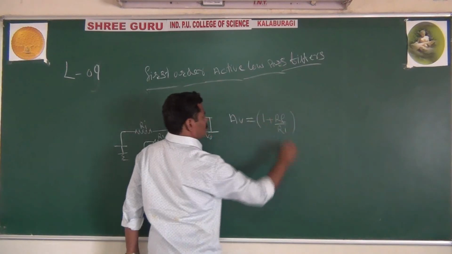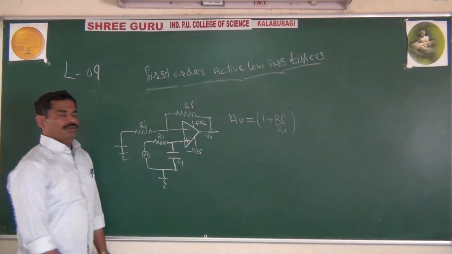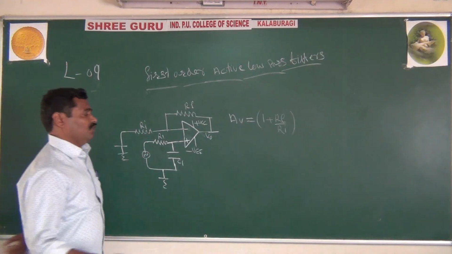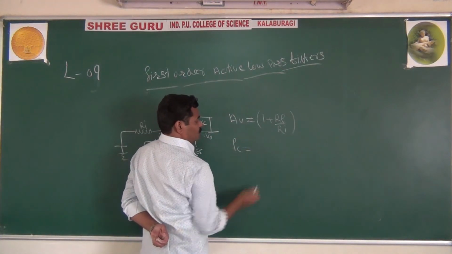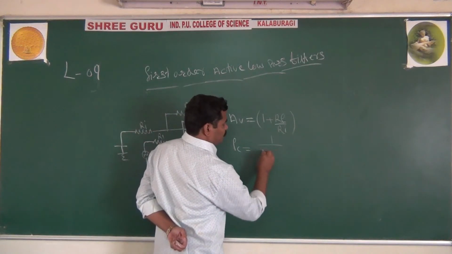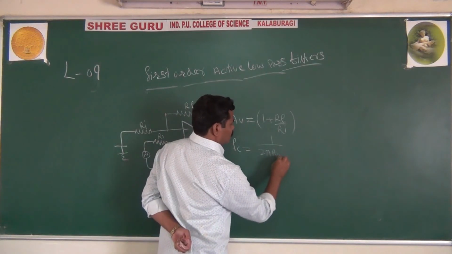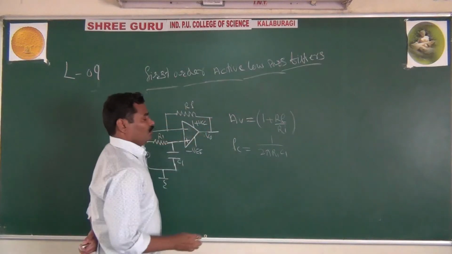The voltage gain for the non-inverting amplifier is 1 plus RF by RI, and the cutoff frequency is 1 divided by 2 pi R1 C1.